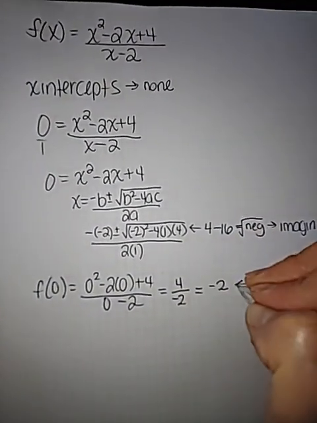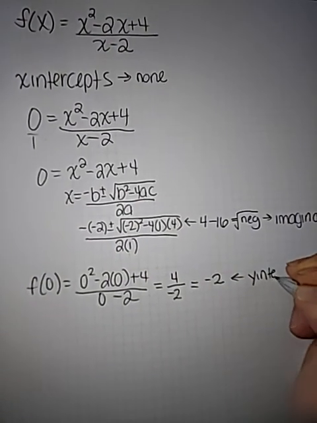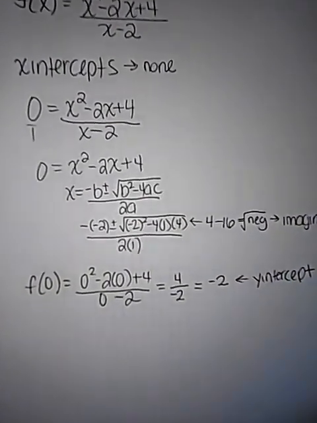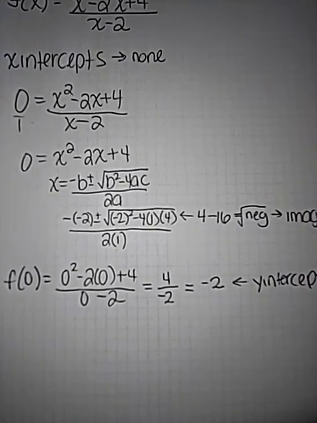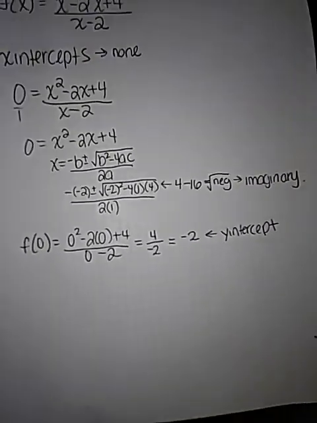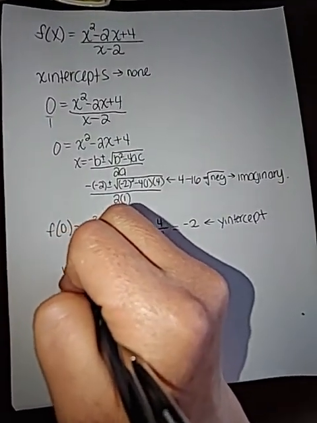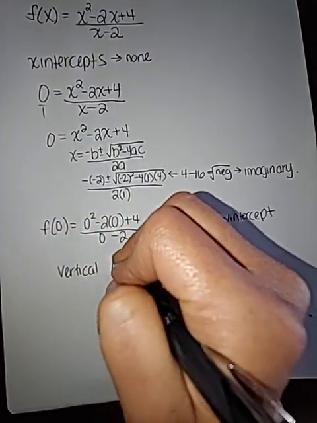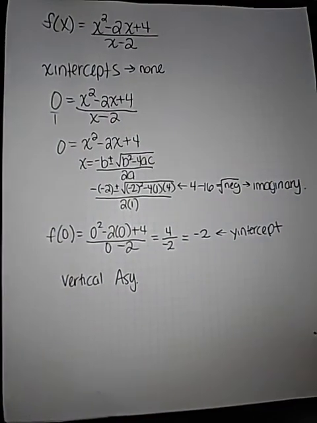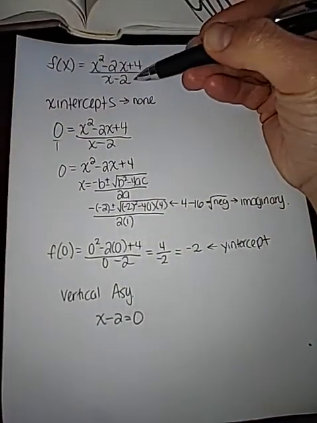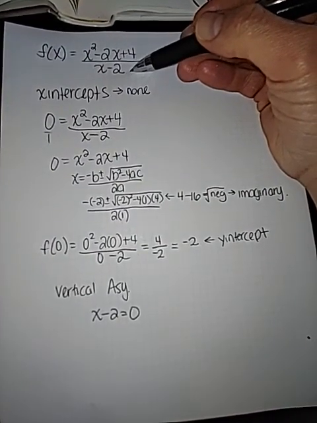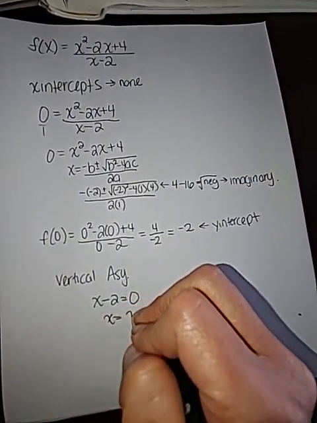This is my y-intercept. Next, I can find my vertical asymptote. To find my vertical asymptote, I set the denominator equal to 0, x minus 2 equals 0. I solve it and get x equals 2.